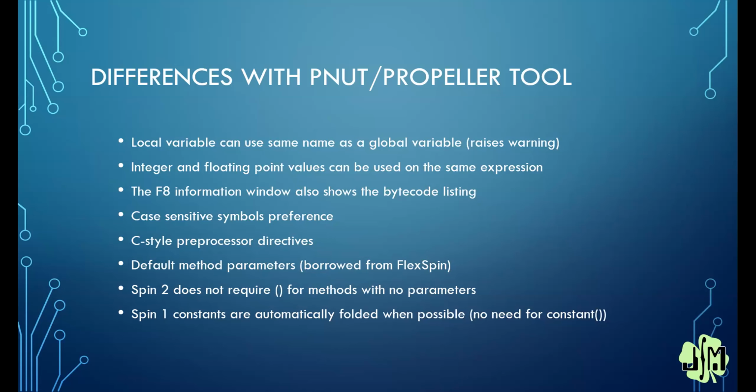And he's been very, very responsive. When something comes up that doesn't match what the Parallax tool does, he's been very cool with correcting it. He also, this has come up a couple of times, you don't have to use the keyword constant in Spin1 programs. He folds constants automatically where he can. Right. So there are some differences.